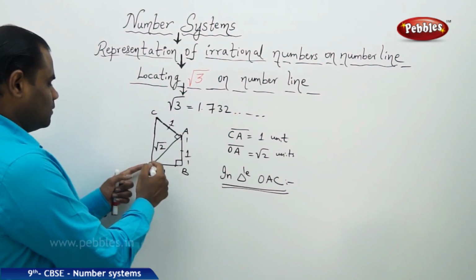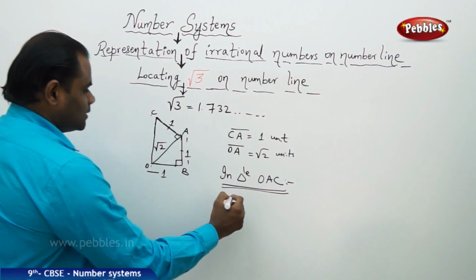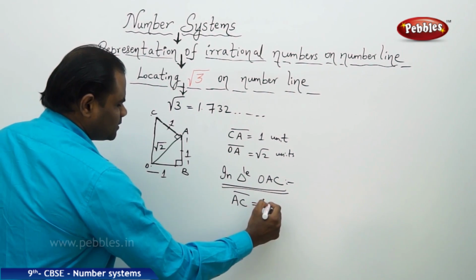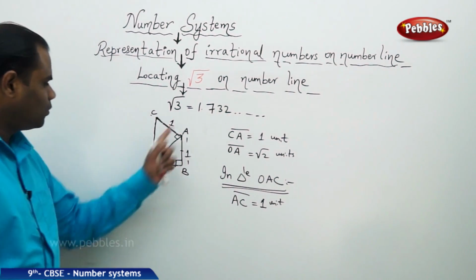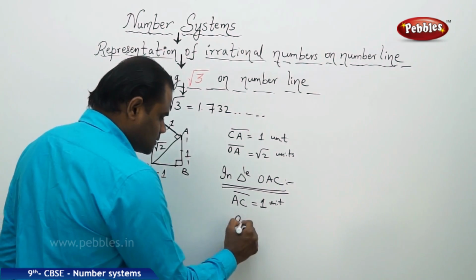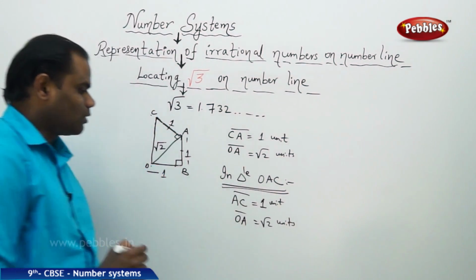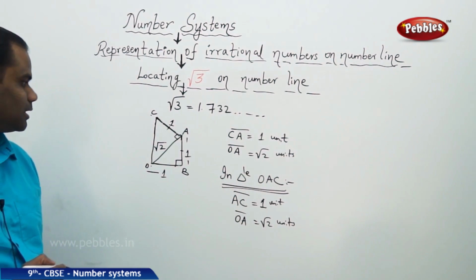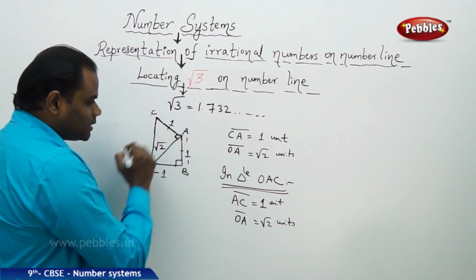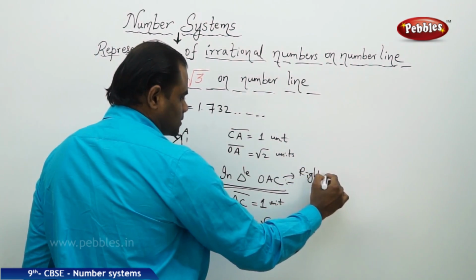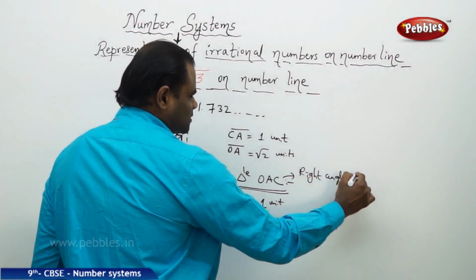As we can see in triangle OAC, AC is 1 unit and OA clearly is √2 units. And clearly this being 90 degrees, it's a right angled triangle, and therefore the Pythagoras theorem comes into existence.